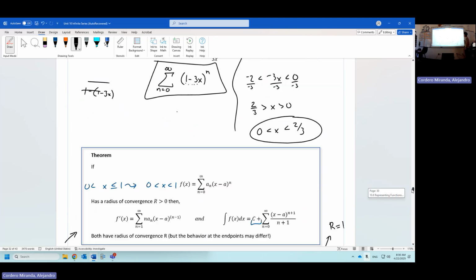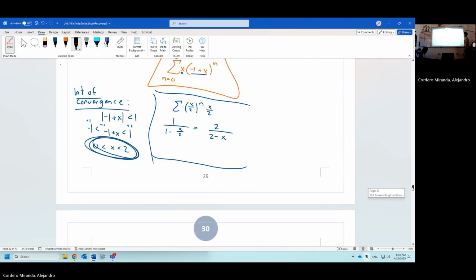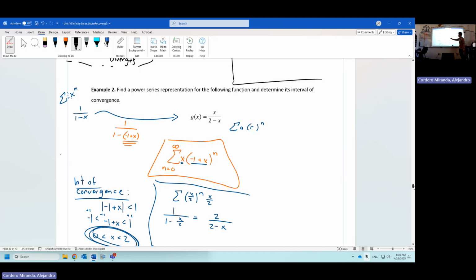Just to remind you, here's me going back to yesterday. Look at right here, what I'm circling in blue. I knew the power series for that, but that had a 1 and this had an x. So I just took this power series and multiplied it by x to get the function that I want.